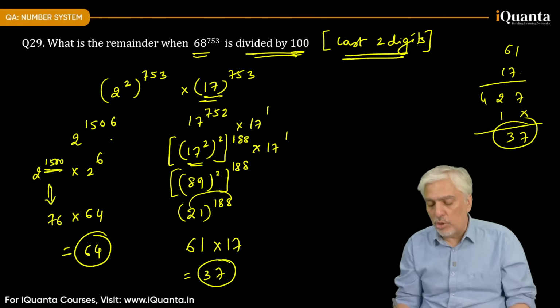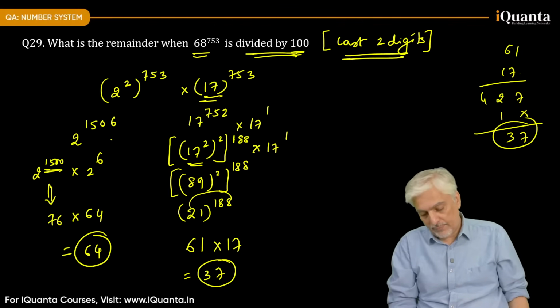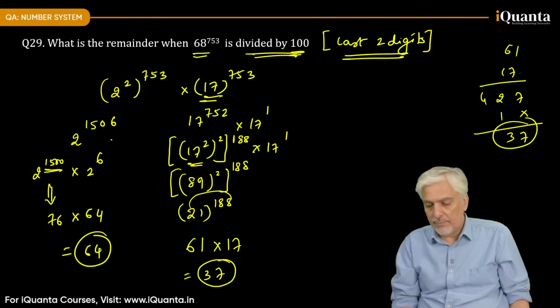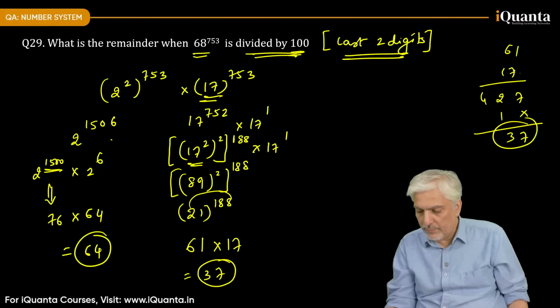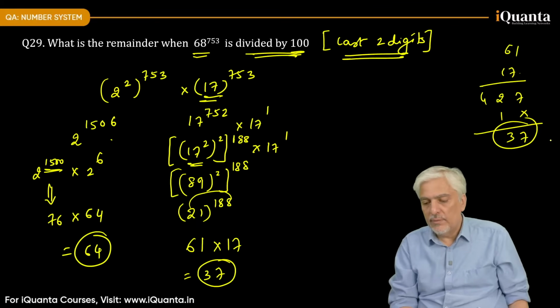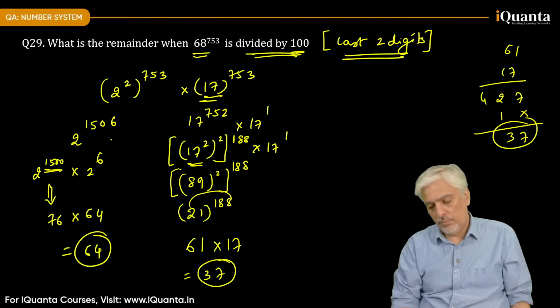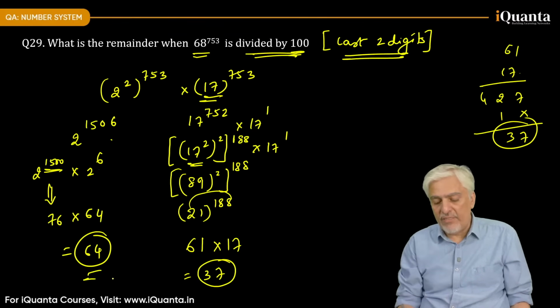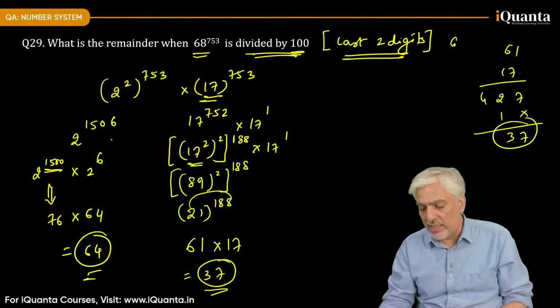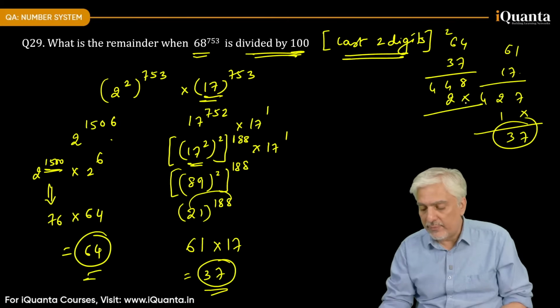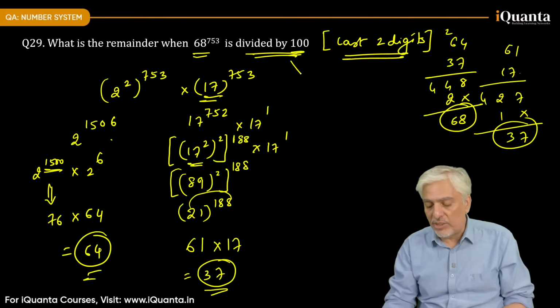I might be wrong, but I want you all to check. यस, सीआरटी से तो होगा ही। सीआरटी क्लास में सिखाया था, इसलिए यहां पे नया मेथड सिखा रहा हूं। Now 64 into 37, ये बाकी है करने को, करो। 64 into 37, 7 4 are 28, 42 44, 3 4 are 12, 68 last two digits. So इस क्वेश्चन का लास्ट टू डिजिट्स इज 68.